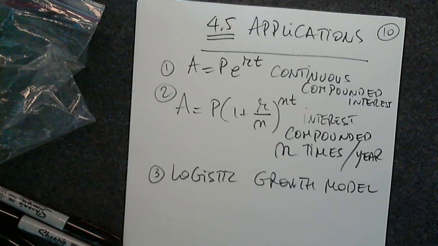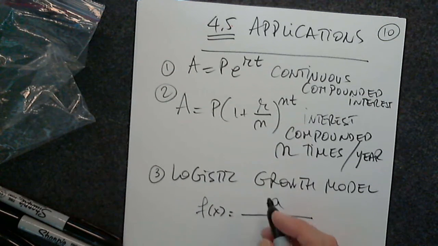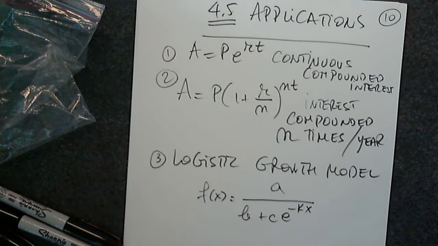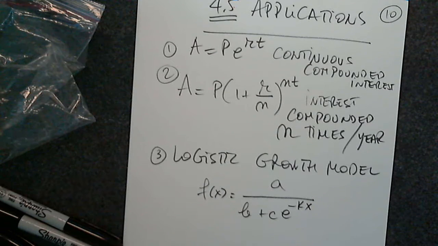I'm just going to give you the general formula, but you do not have to memorize any of this. So for example, f of x equals a divided by b plus c e to negative k x, where a, b, and c will be given to you, and k as well. They're constants.